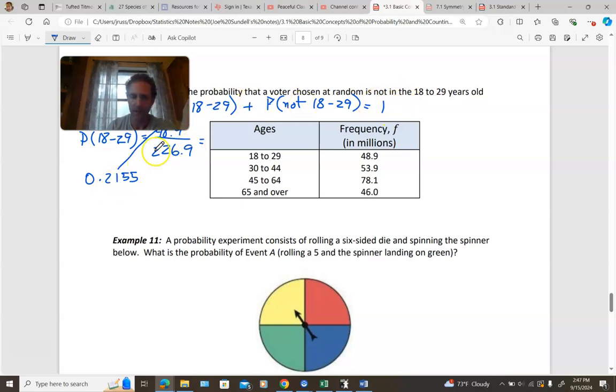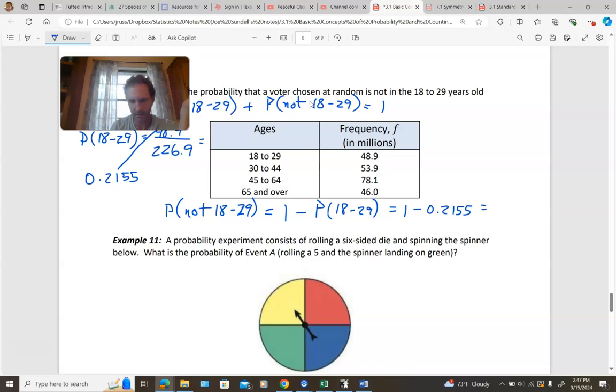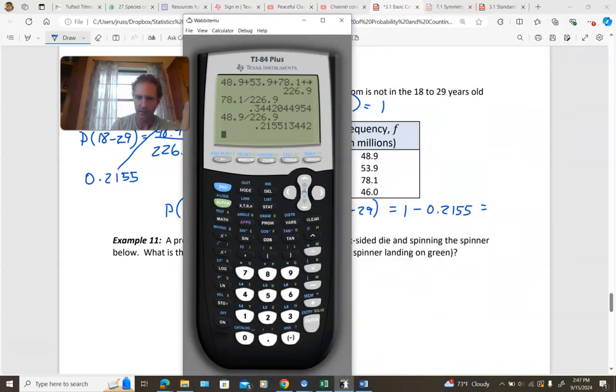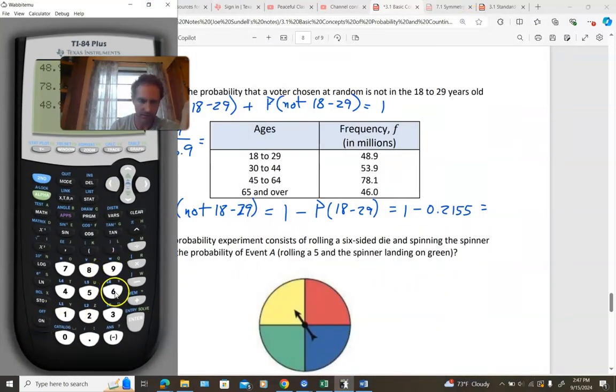So 1 minus this probability will give us the probability, I'm going to write it this way, that a voter is not within that age range is going to be equal to 1 minus the probability that the voter is within that age range, okay? And so this would be 1 minus 0.2155.